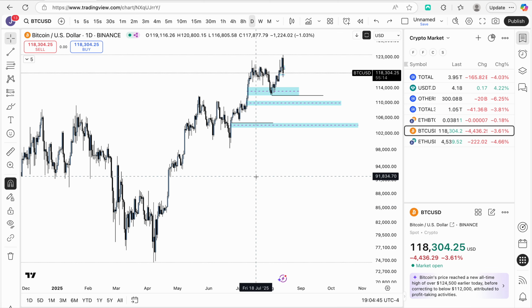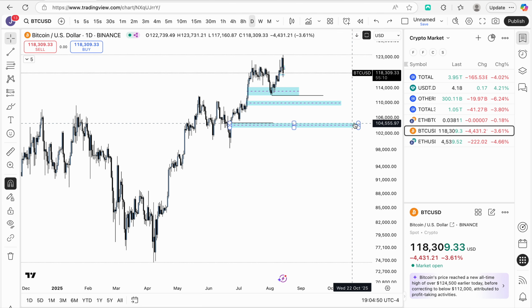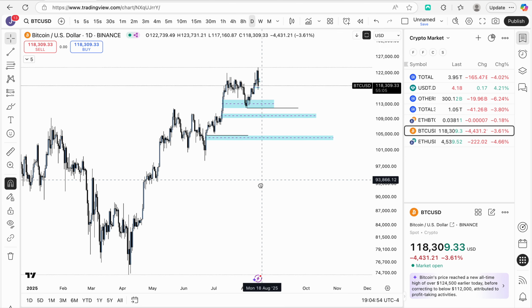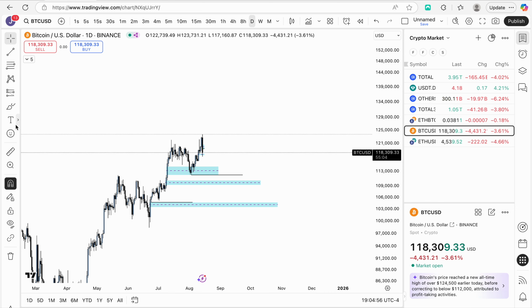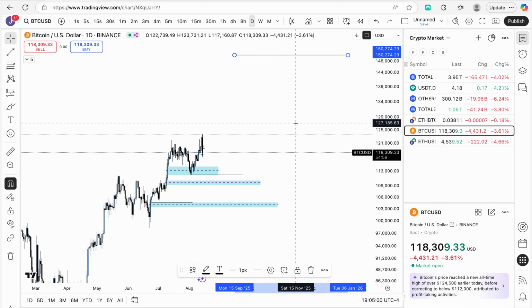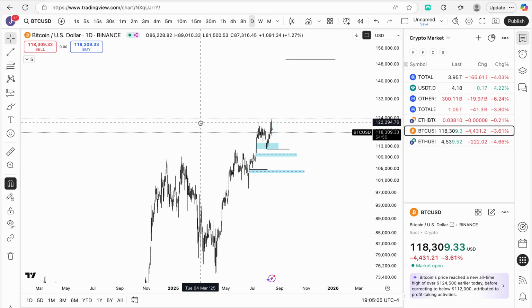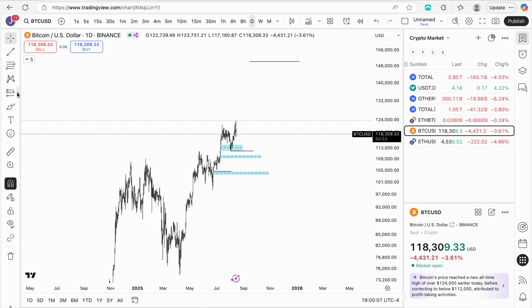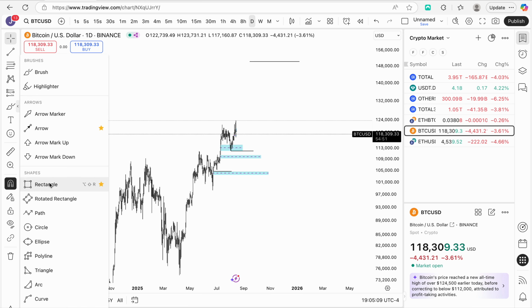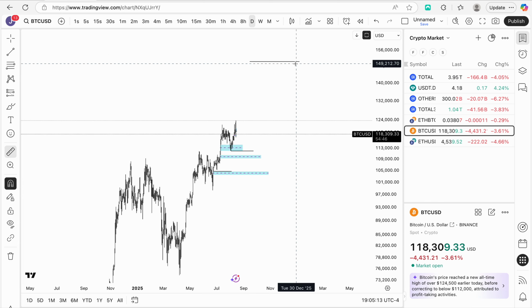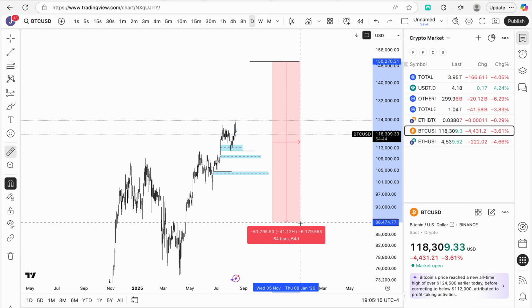As to where the target is, well, it all depends on how high Bitcoin gets. But if we're being logical about this, let's say that it gets to 150 grand, right? Let's zoom out. Every bear market, it'll drop by at least, well, it's been 80% until the last bull market, but let's say it drops by 70%.